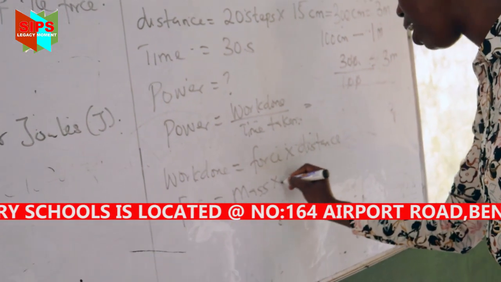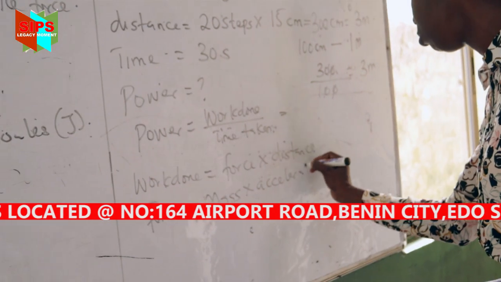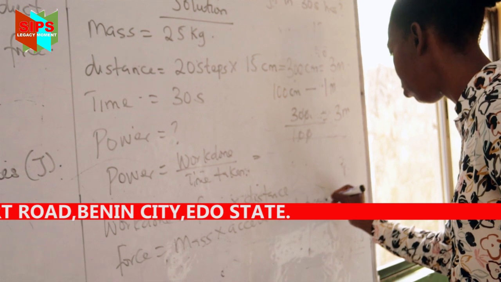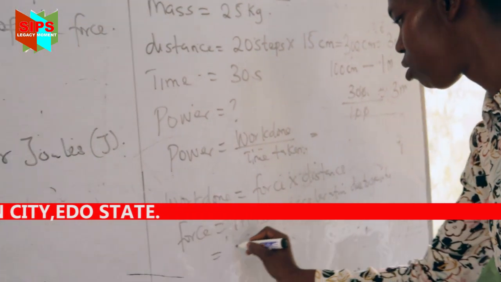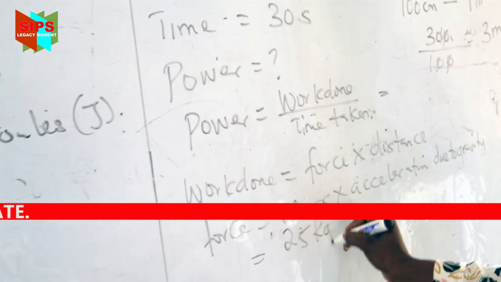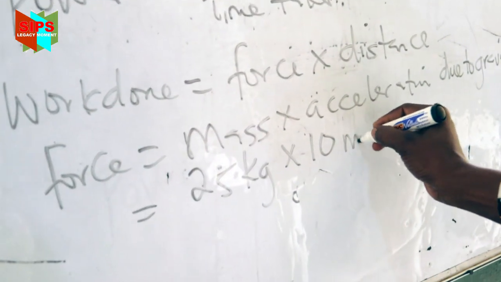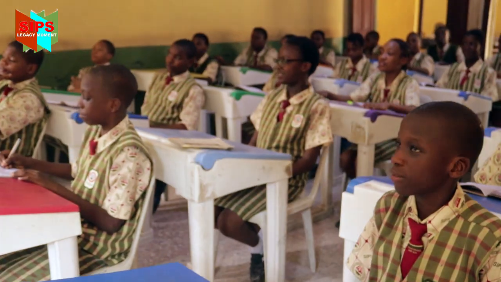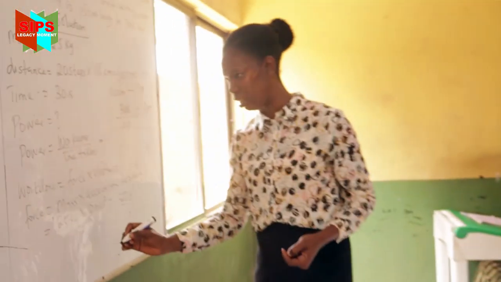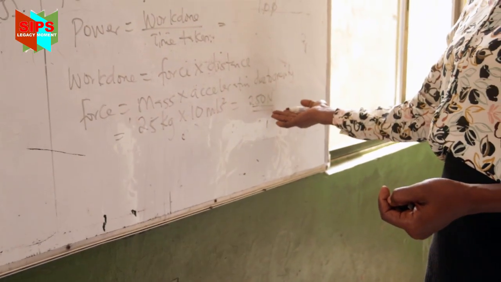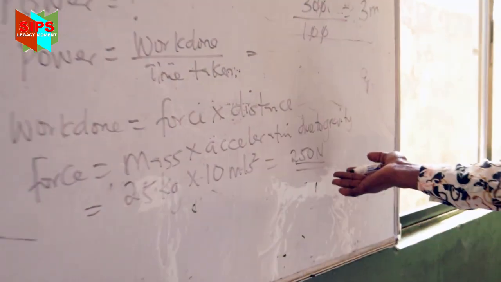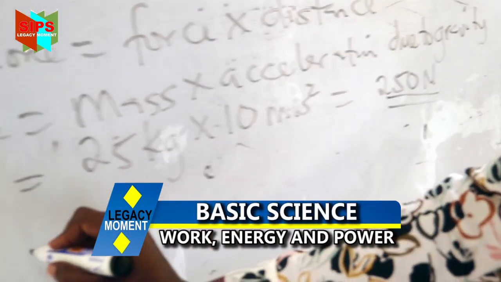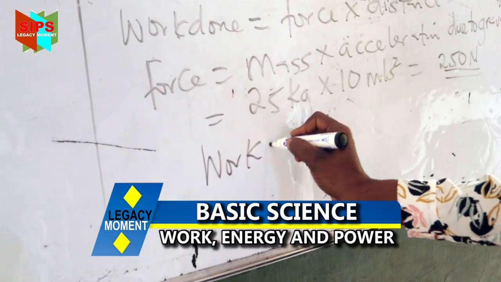Mass times acceleration due to gravity. That gives us 25 kg times 10 meters per second square, which is what? 250 Newton. Alright. Now that we have calculated force, we can now calculate for work done.